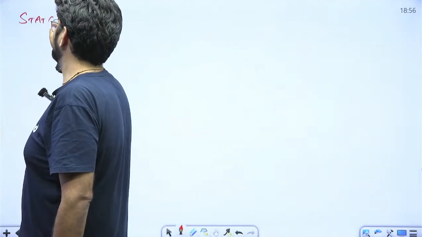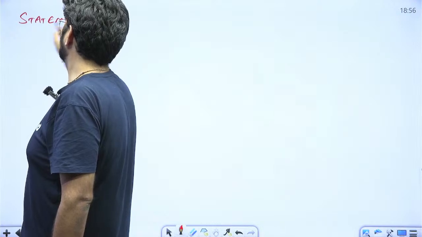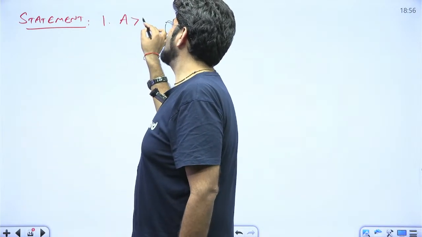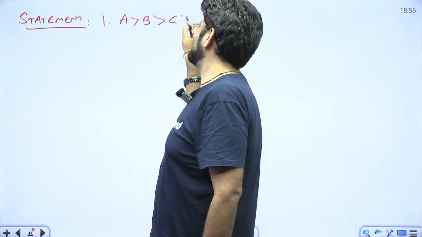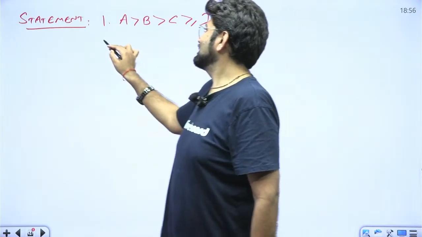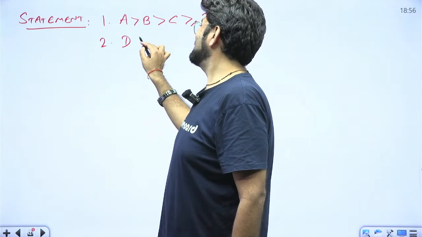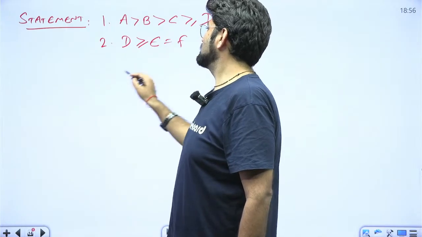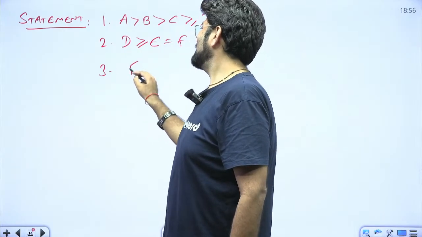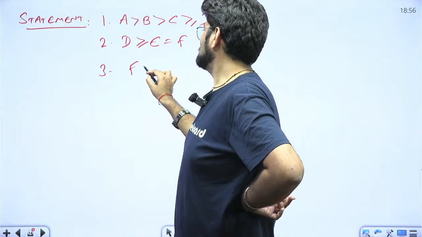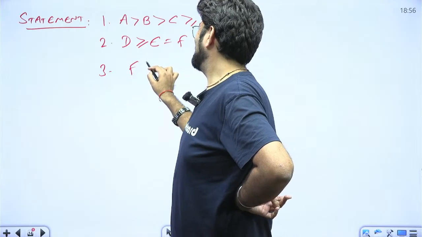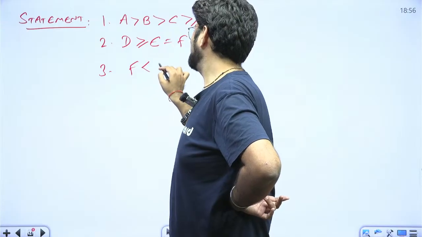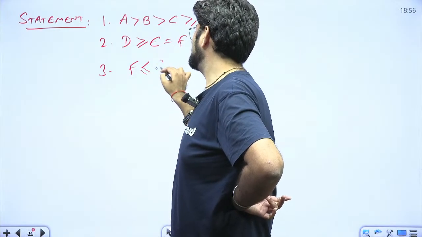Statement number 1. A is greater than B is greater than. Statement number 2. B is equal to E is equal to F. Statement number 3. F is less than equal to.